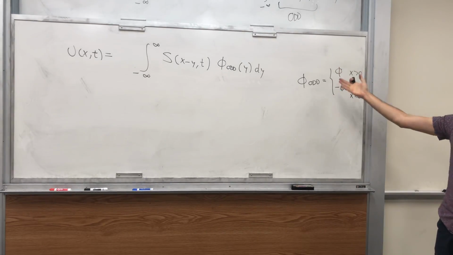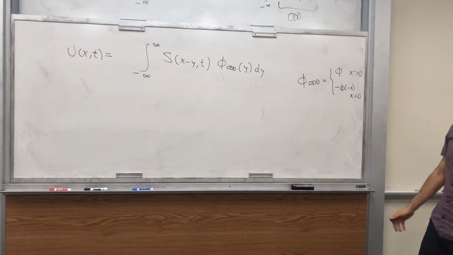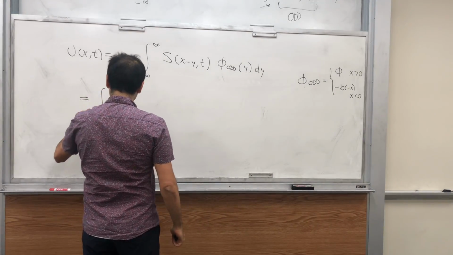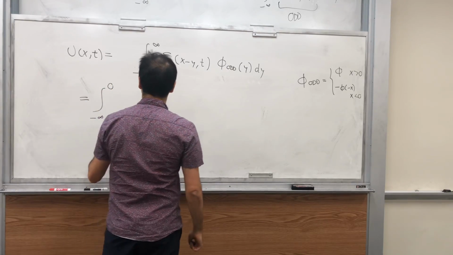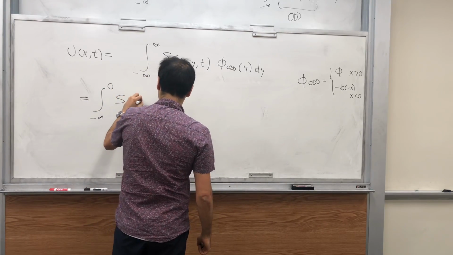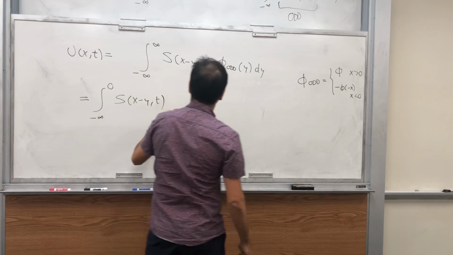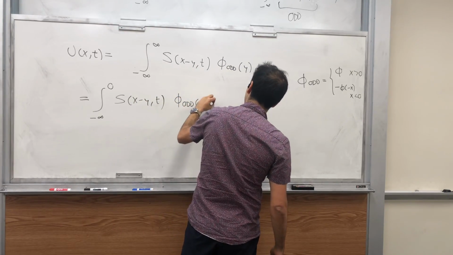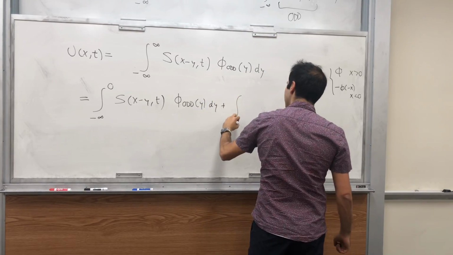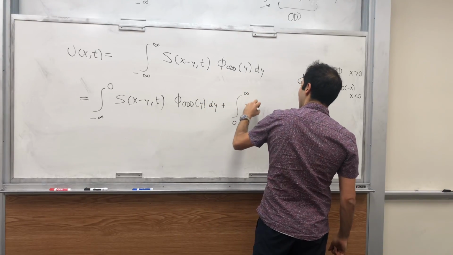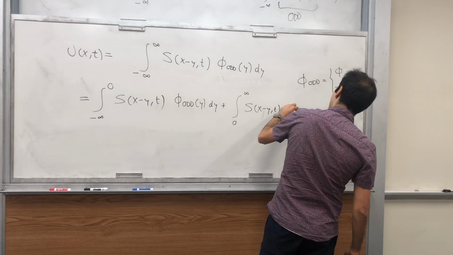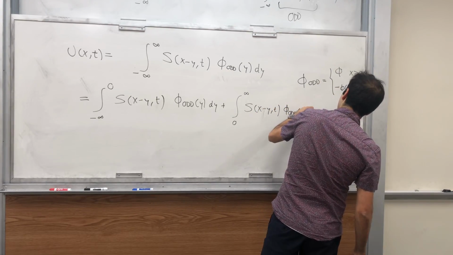The value at 0 here doesn't really matter because we're integrating. And so let's just split it up. It's the integral from minus infinity to 0 of s of x minus yt, phi odd of y dy, plus the integral from 0 to infinity of s of x minus yt, phi odd of y dy.